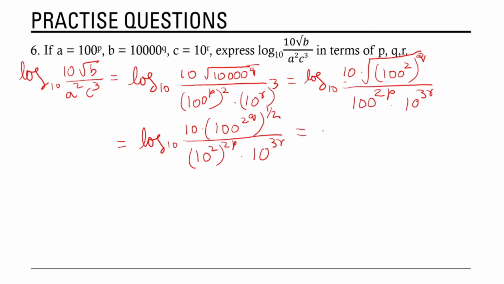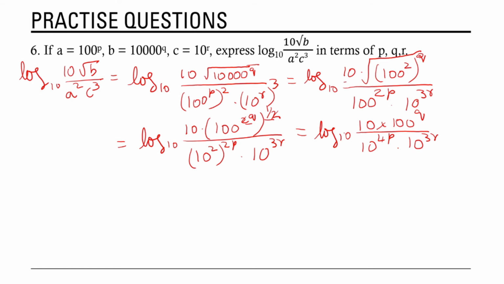This is equal to log of, here 100 raised to 2q the whole raised to half is 100 raised to 2q into half. So, this 2 and this 2 will get cancelled. So, we are left with log of 10 into 100 raised to q divided by 10 raised to 4p into 10 raised to 3r.